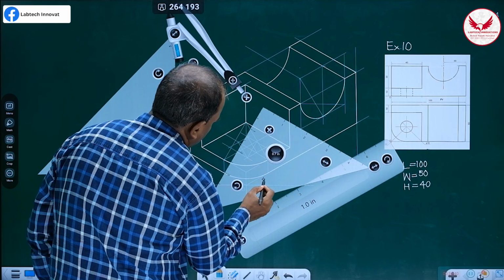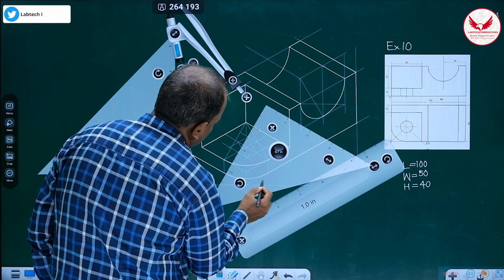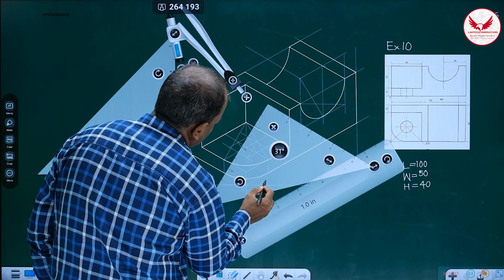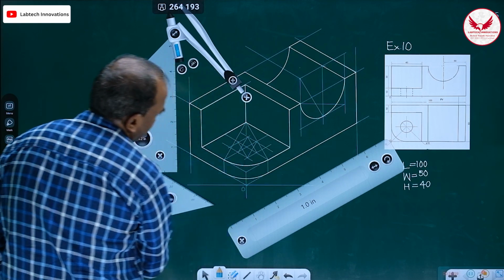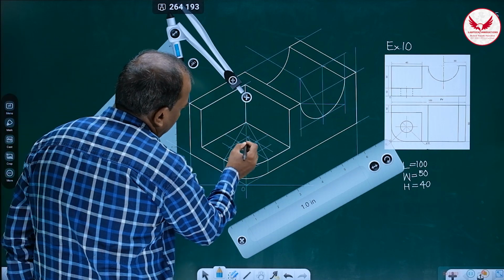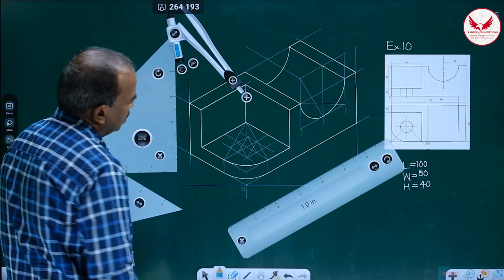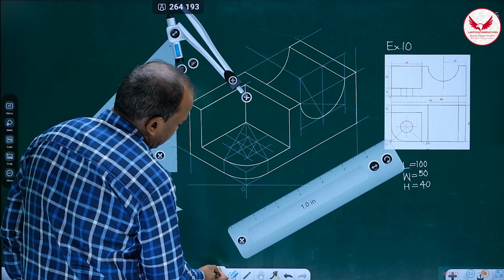Like this, and from this center, the midpoint of the opposite side. Like this we get the 4 centers, 1, 2, 3 and 4. Now with the help of the compass we have to draw the proper ellipse.